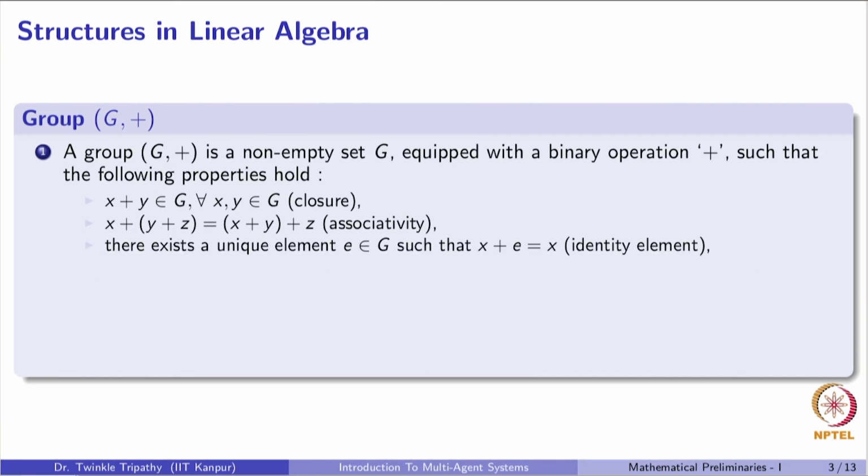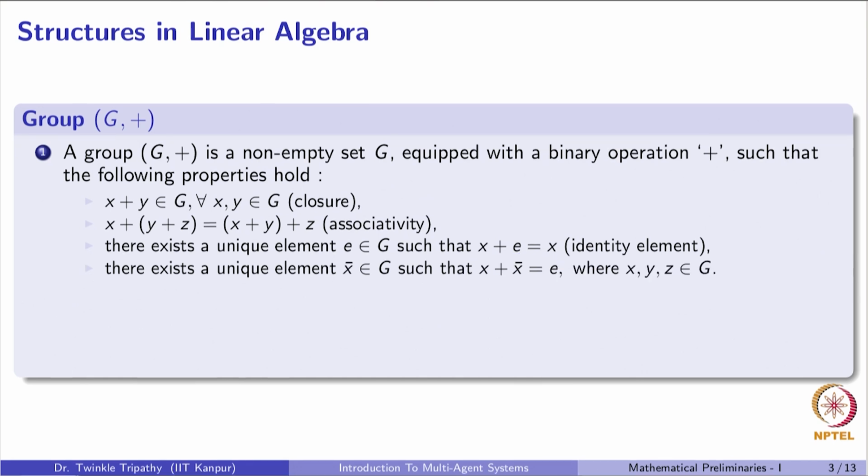Now the third property is about the existence of a unique element E. Now what is this unique element E? It's known as the identity element. Why is it the identity element? Because whenever E is operated with an element x, then our output is equal to x itself. Similarly, there exists another unique element which is known as the inverse element.